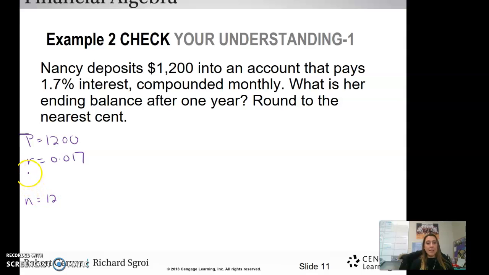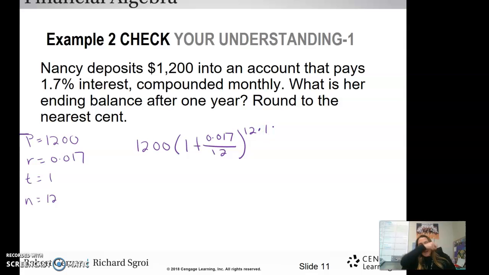And what is my ending balance after a year? So my t is 1. Okay, so this one is not in the notes. If you want to get practice putting this all together, we are going to do 1,200 times 1 plus my rate, 0.017, over 12, raised to the 12 times 1. So I'm going to take all of that and plug that into Desmos.